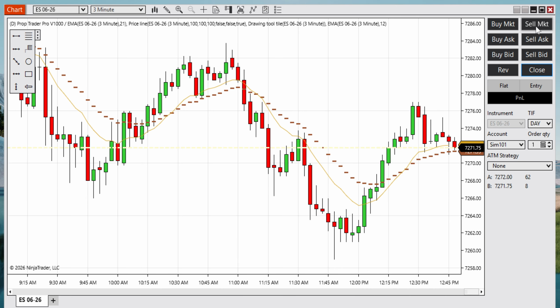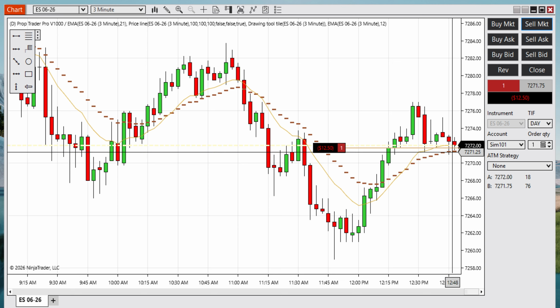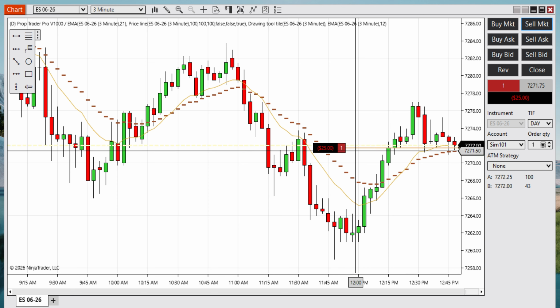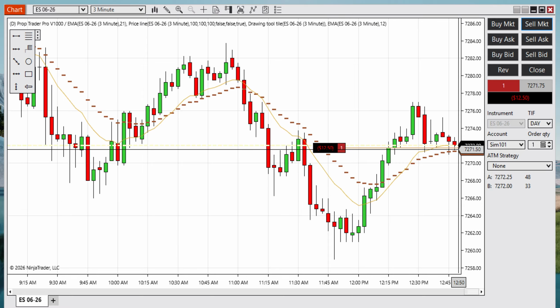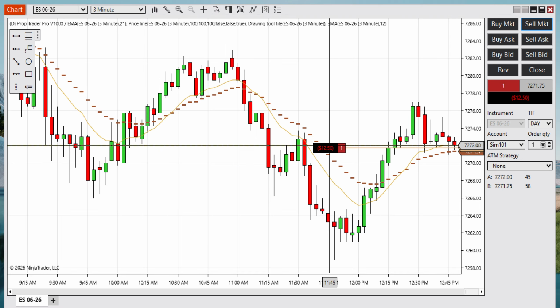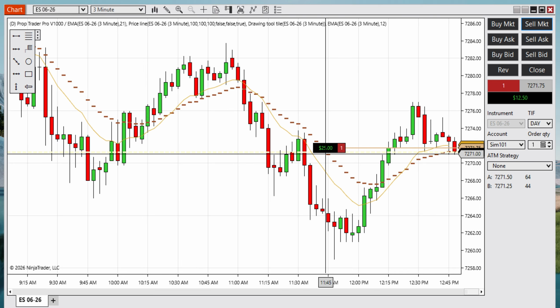The other way around, if you think the price is going down, you can click the sell market. Market value is what you bought it for, and in this sell, if the price goes down, you make money. If the price goes against you, you lose money, and the amount of money you're losing is shown here.